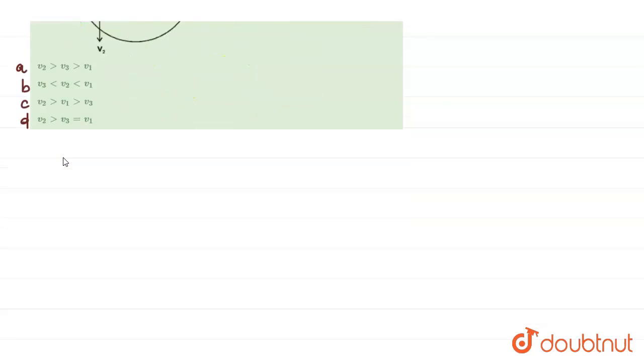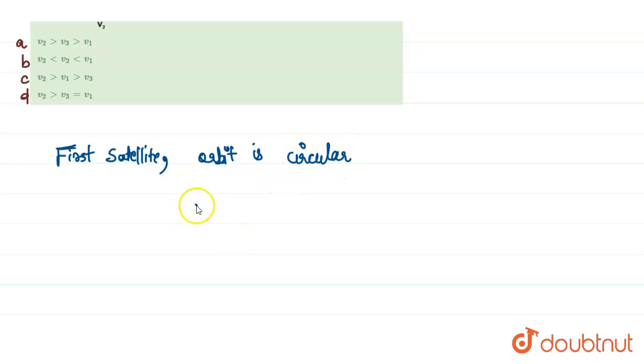First we can analyze the first satellite. It is mentioned that the orbit is circular, so we need to equate the forces. What are the forces here? The gravitational force GMm by r square is equal to, since the motion is circular, the centripetal force, which is mv1 square divided by r.